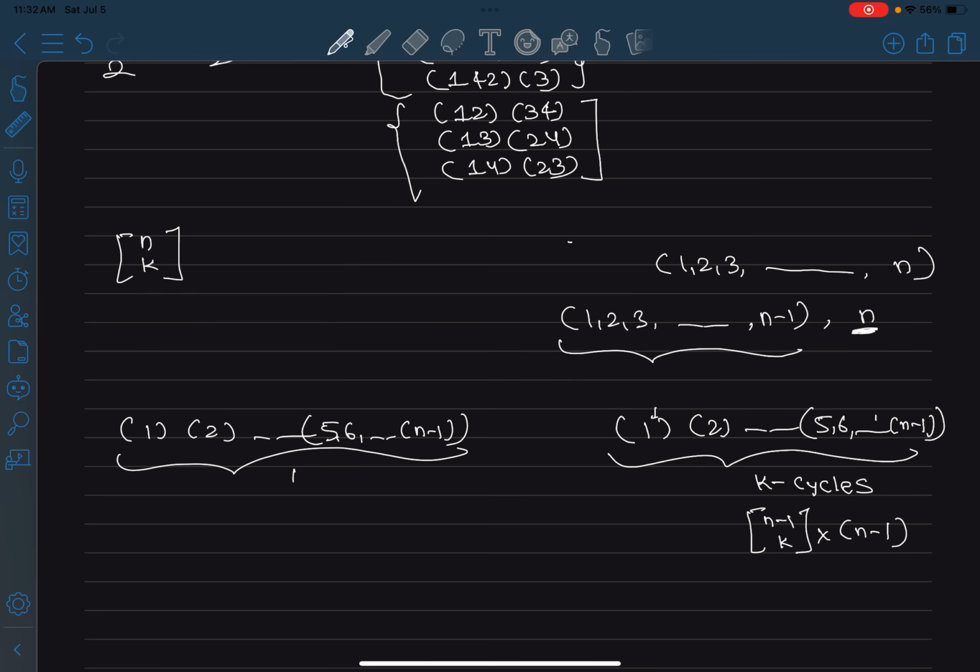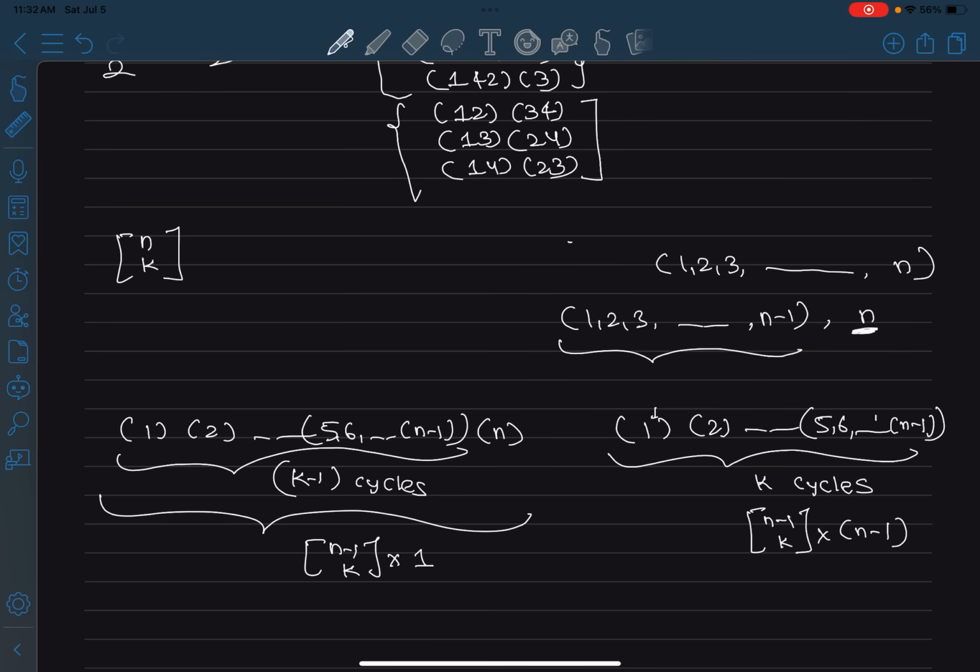In that case, to get n elements with k cycles, I can just add this last number with it making its own cycle. So for this there is n minus 1, k minus 1 into 1 ways, right?